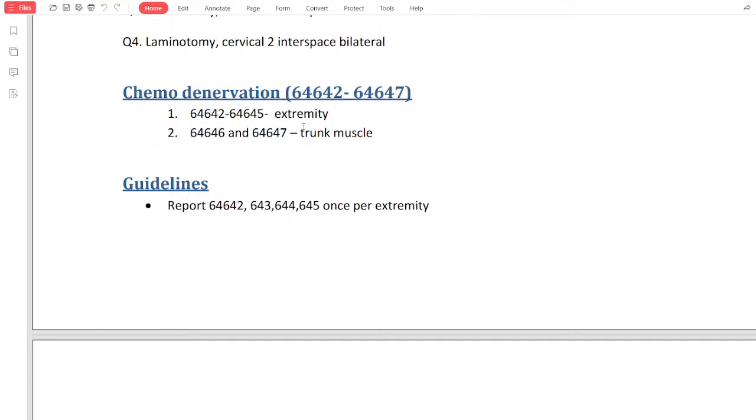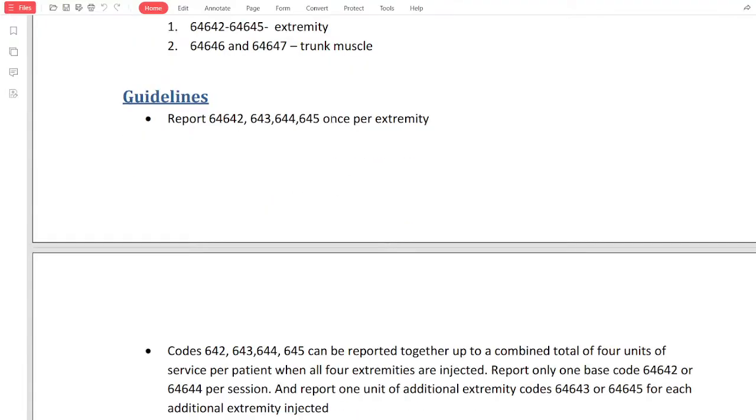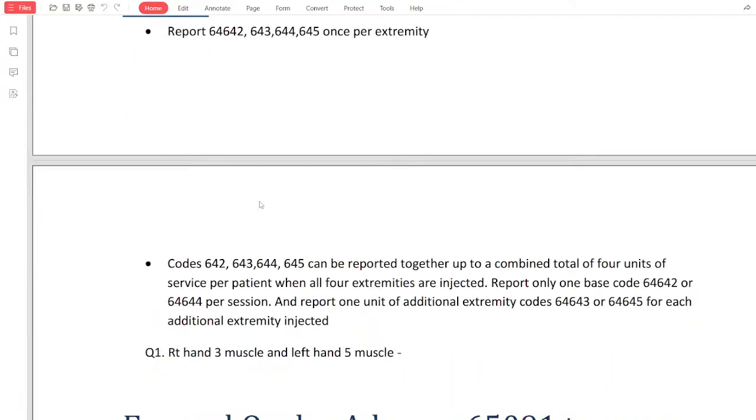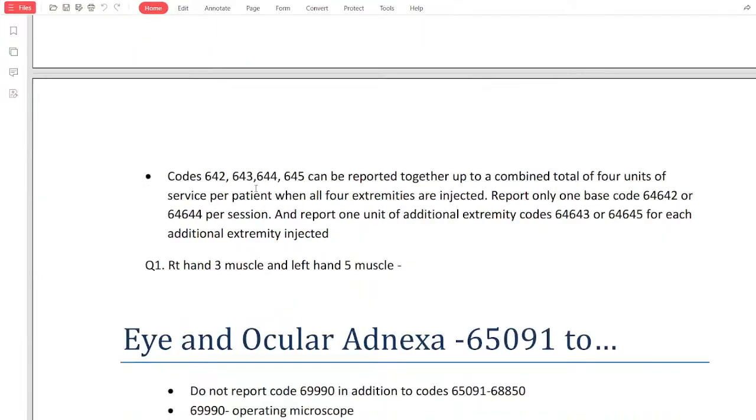Okay. Guidelines. Report 64642, 643, 644, 645, once per extremity. And codes 642, 643, 644, 645 can be reported together up to a combined total of 4 units of service per patient when all 4 extremities are injected.